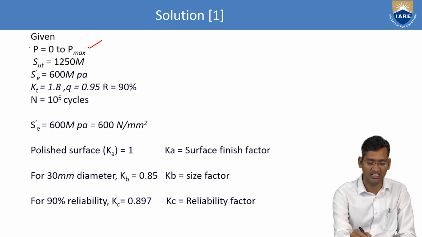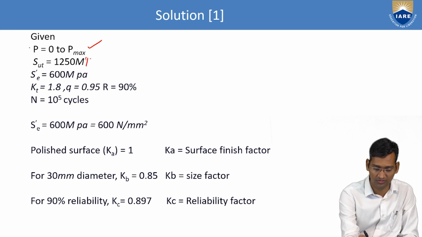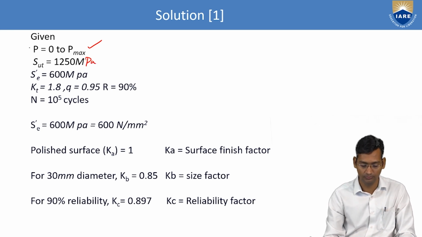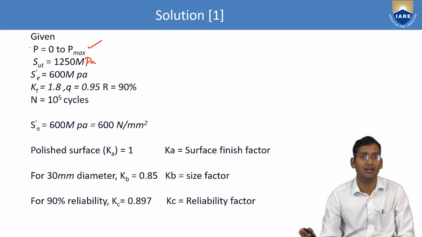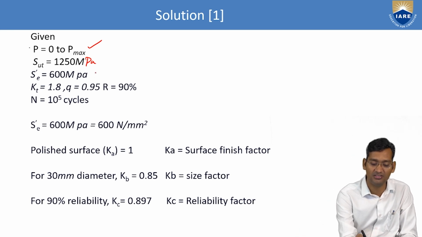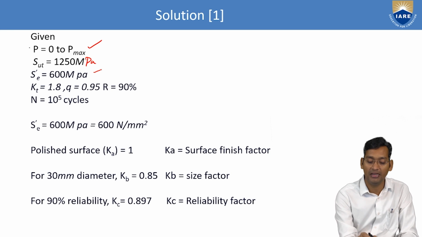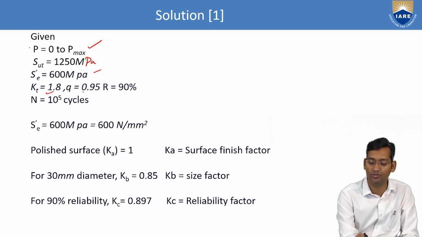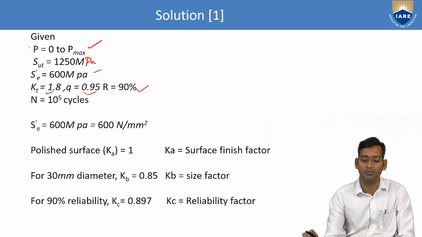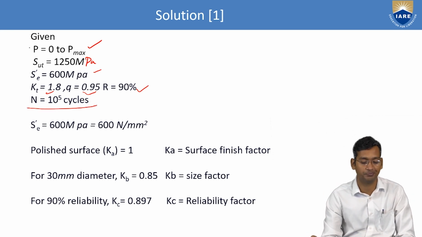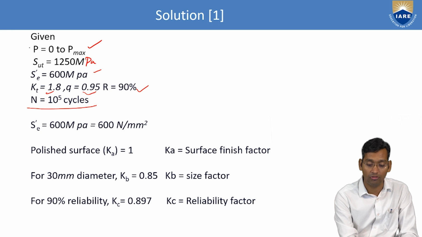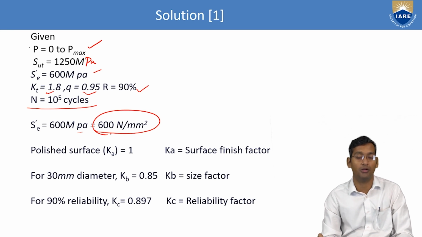S ultimate is 1250 megapascal, S E dash is 600 megapascal, Kt is 1.8, q is 0.95, R is 90%, and N is 10 to the power 5 cycles. So S E dash is 600 Newton per mm square.